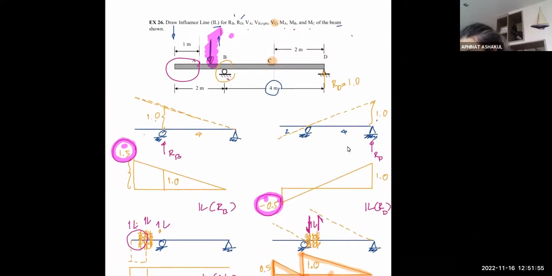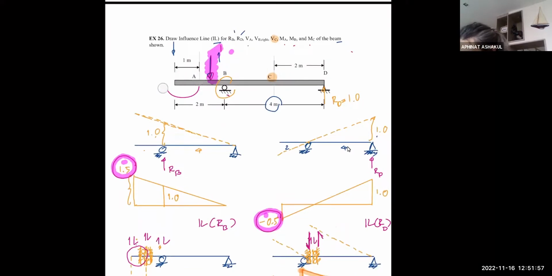Now this time we focus on B. So, okay, when I have the unit load here moving around between the free end and B, this will essentially cause me to have the overhanging beam ABC, right? When the load is here, there will be the negative moment at B due to this.